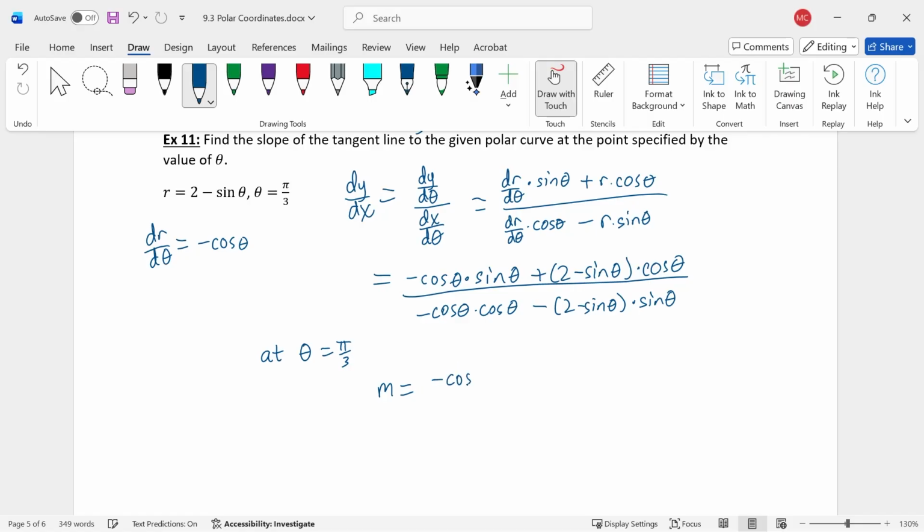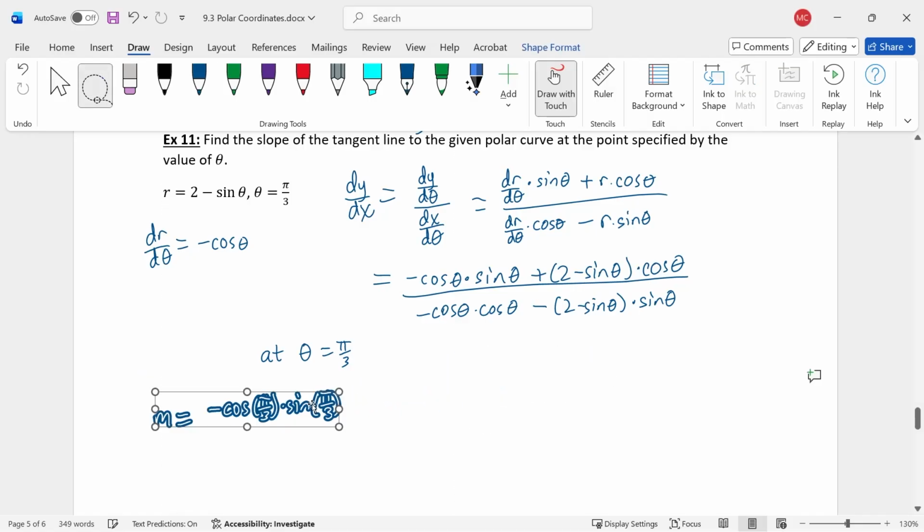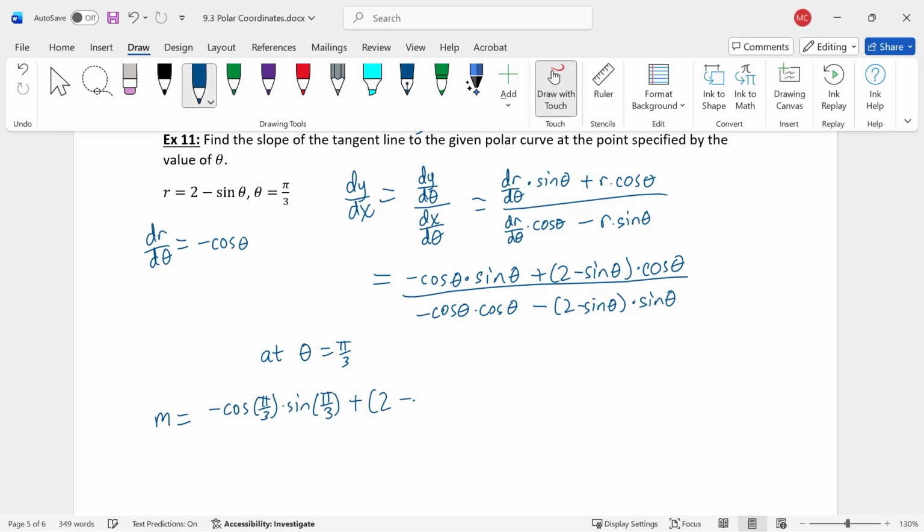So negative cosine of pi over 3 times sine of pi over 3. And actually, let me just give myself more room. We'll just move this over here. Plus, and it's really easy to make a little mistake here. So try to be careful and keep track of what you're doing, because you can easily flip a sine to a cosine or miss a negative or anything like that.